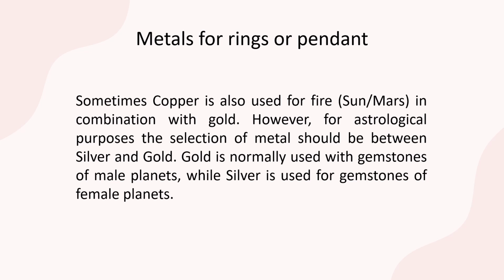Why so? Because, as we said, the yellow color is of Shakti, and she will balance the masculine energy of the male planet, while Shiva represents the white color, that is of silver, and he will balance the feminine energy of feminine planets.